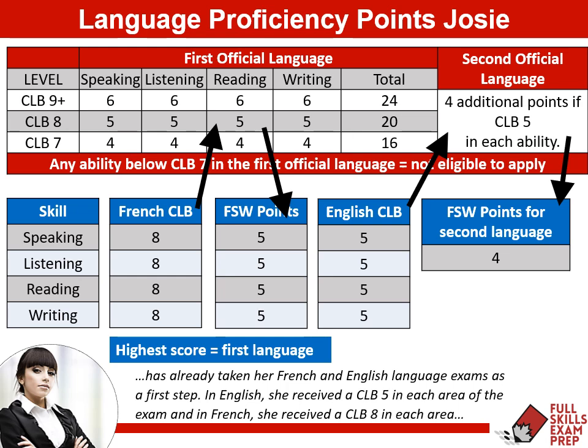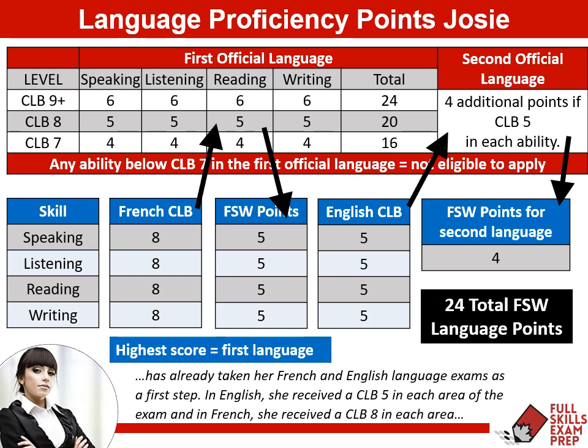However, she certainly met those minimum requirements, so she receives those extra 4 points for the second language. That puts her total at 24 points for the Federal Skilled Worker Program.